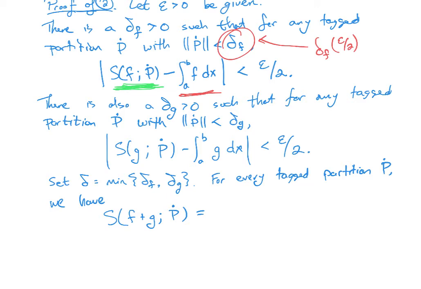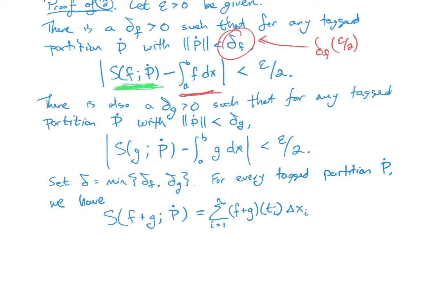Benjamin's right, the triangle inequality is coming, but I've delayed it for this line right here. So you think about what is this? This is the sum, depending on what P dot is, but we're doing F plus G, we're evaluating at t_i, those are the tags, and then we're multiplying by our delta x_i's.